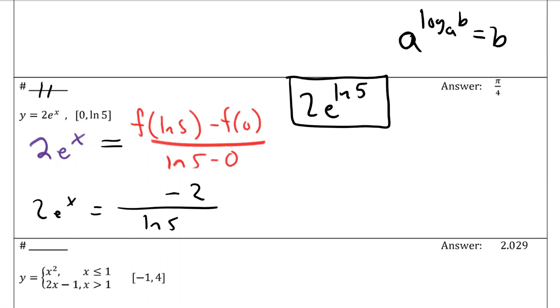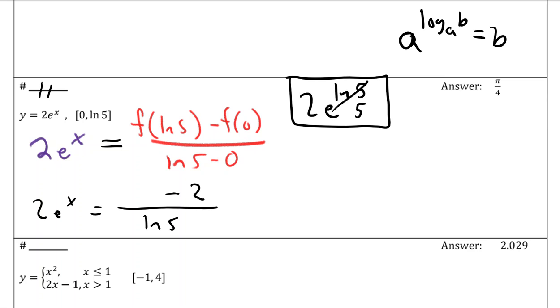I know you see that in Algebra 2 and Pre-Cal, but you don't ever see a use for it, so it just doesn't stick as much. But that's what's happening here. E to the log base e of 5, this all goes to 5. That's just one of those 10 logarithm properties that we don't use often, so we don't remember them very much.